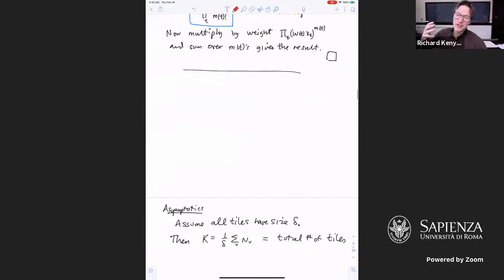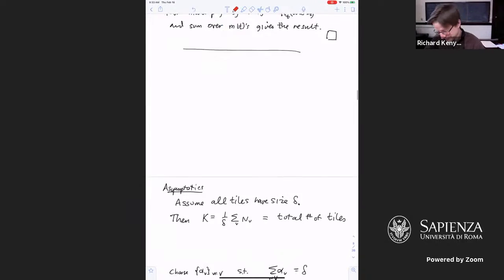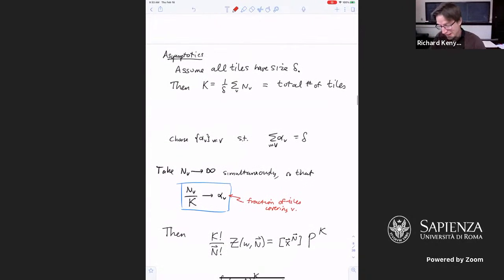Okay, now the goal is, we have this nice exact counting. We want to understand the asymptotics as n gets large. And just for the sake of the talk, let me assume that all the tiles have the same size, the same number of vertices. Let's call this size delta, and we can adjust the argument in the other cases.